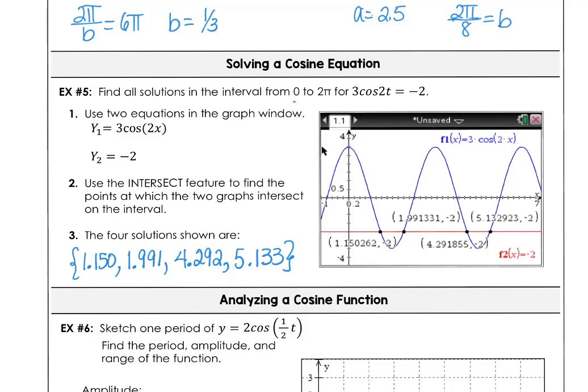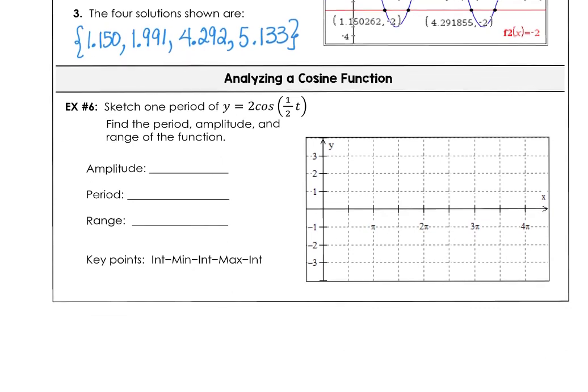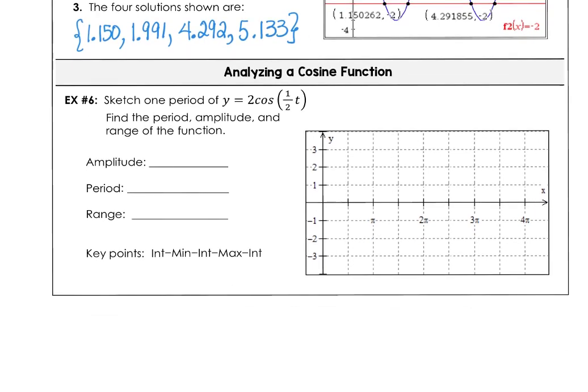Okay, and then our last example, we want to sketch one period of y equals 2 cosine 1/2 t, and our amplitude is 2. The period is 2 pi over b. There's our b value. So 2 pi divided by 1/2 gives the period 4 pi.